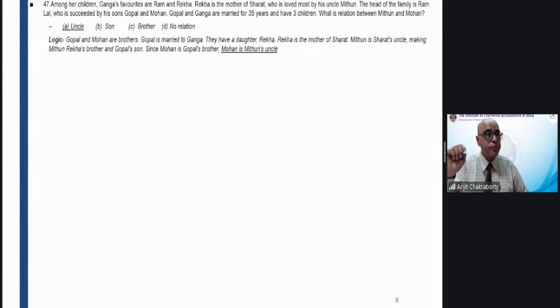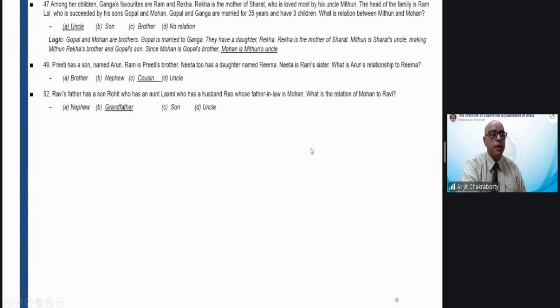So starting with Mithun, Mohan tak kaise pahunchenge? Mithun's sister's father's brother. So if Gopal has Ram and Rekha as their children, now we can see Mithun is also their child. So Mithun's father's brother. So uncle. Answer is uncle. So Mithun ka uncle hai Mohan.